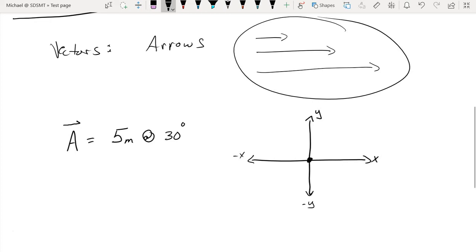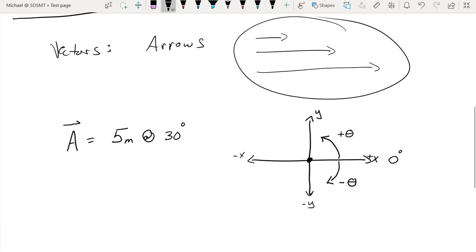And in trigonometry, we are taught that the traditional starting point for measuring an angle is at the positive x-axis, so that's 0 degrees. And then we measure in a counterclockwise direction for positive angle measure. If we measure in the clockwise direction, that is considered to be a negative angle measure.